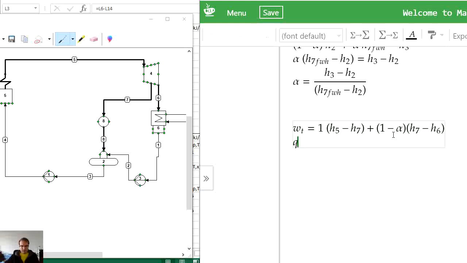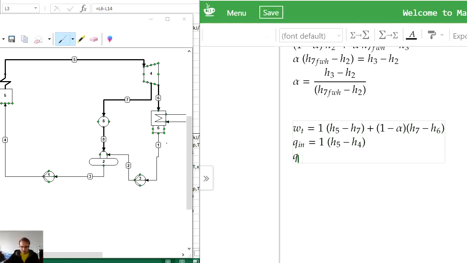The heat input to the cycle, Q in, will be 1 times enthalpy 5 minus enthalpy 4. There is nothing complicated about that, and the heat output of the cycle takes place only in the condenser.